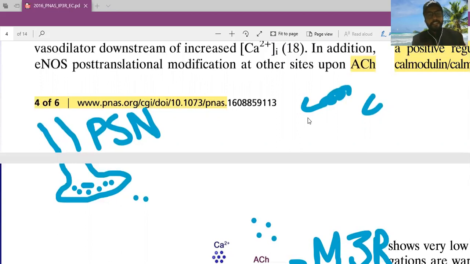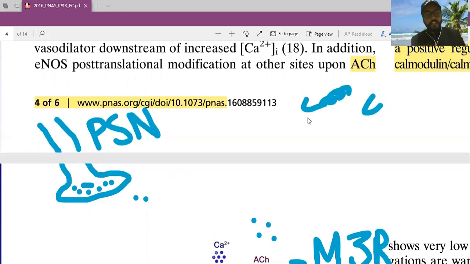First one, yes, acetylcholine is a vasodilator only when we administer the acetylcholine from an external source. This is the first answer.